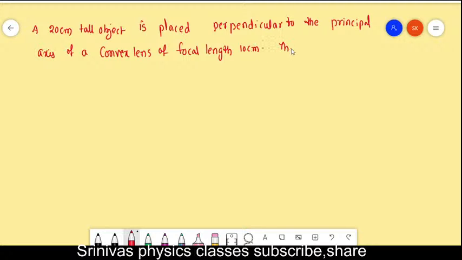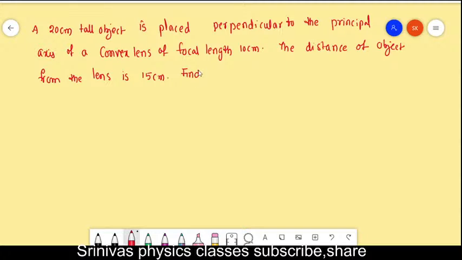The distance of the object from the lens is 15 centimeters.